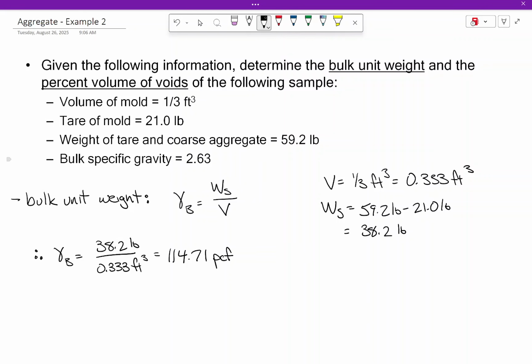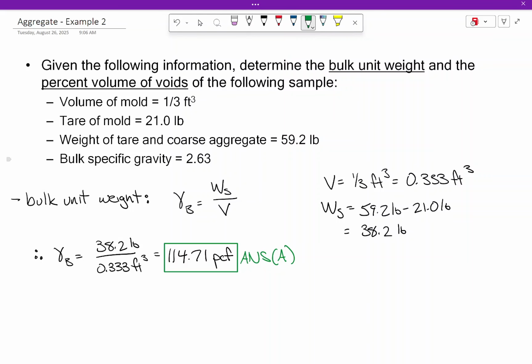Typically, aggregates are going to be in the 110, 120, 130 range, something like that. So, sound good? That should be easy.